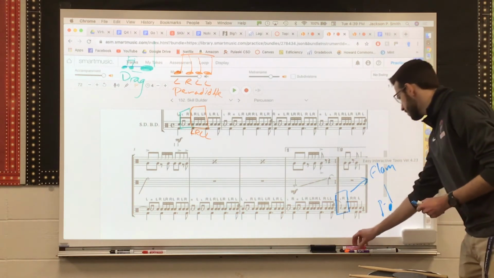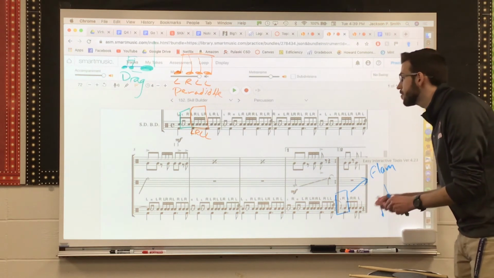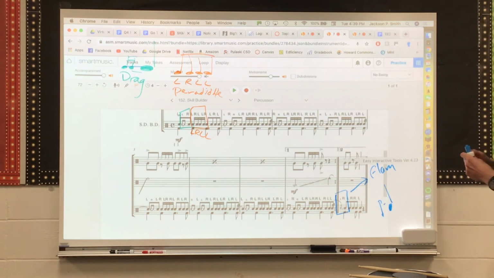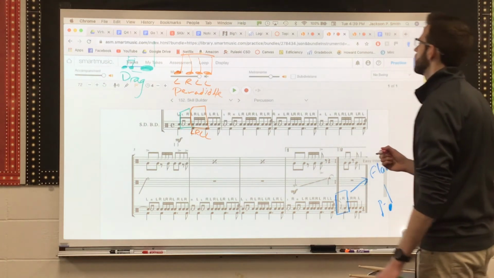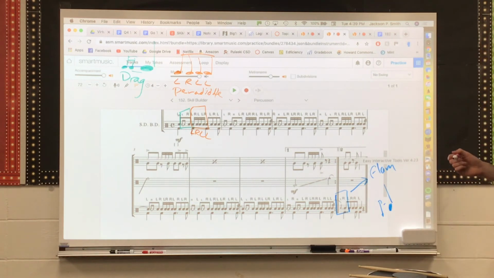The last little bit of rhythm that I wanted to make note of is your rolls across the bar. So this looks like, let's see. Five-stroke roll.